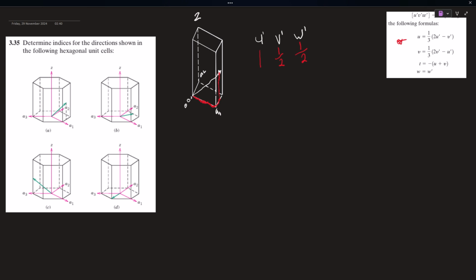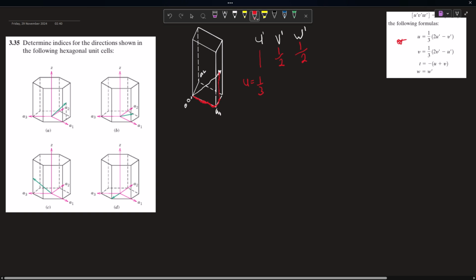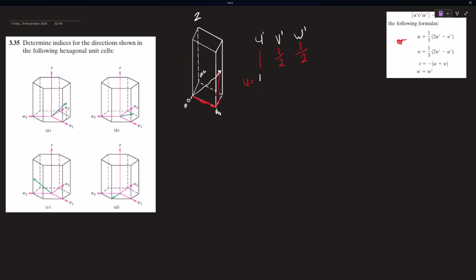So for our U is equal to 1/3, open bracket, 2, open bracket, 1.